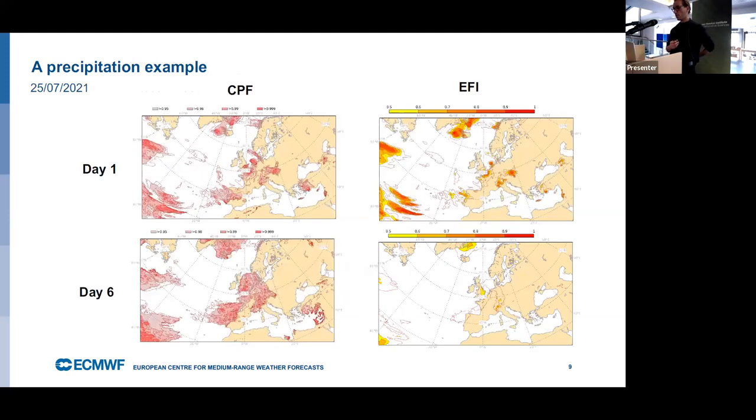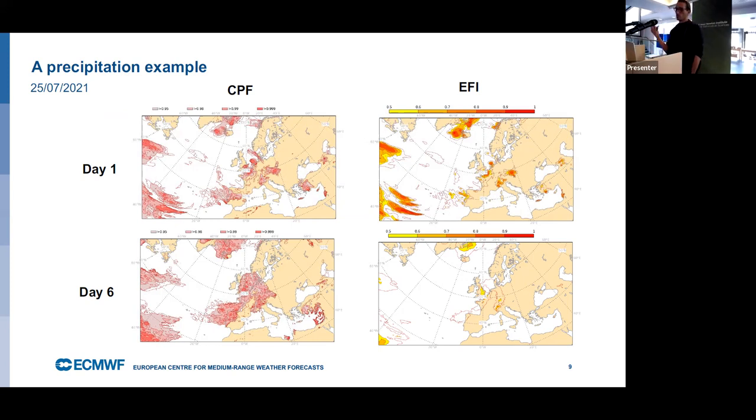Here we have a forecast of precipitation, the crossing point forecast on the left, the EFI on the right, and two forecast lead times, so how many days in advance we provide the forecast for a given event. Day 1, just before the event occurs, or day 6 at the bottom.